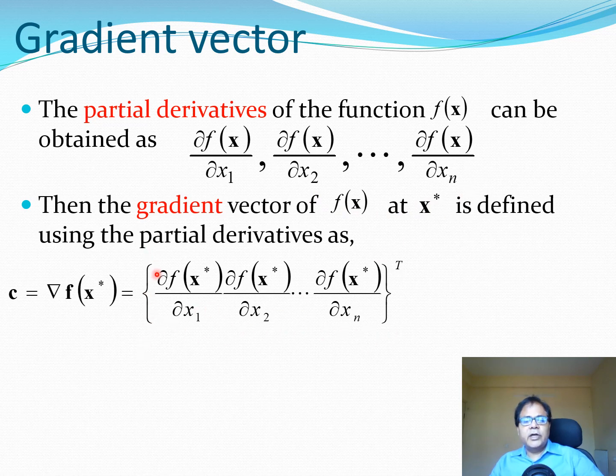This gradient vector is actually a column vector, but we sometimes write it as a row vector and put a transpose here because in books you want to save space. The way I have written this, it is the gradient vector of the function f of x at x star. So x star is probably a candidate minimum point.